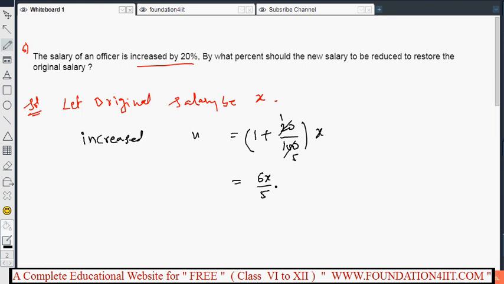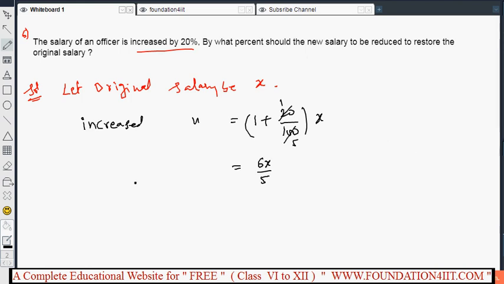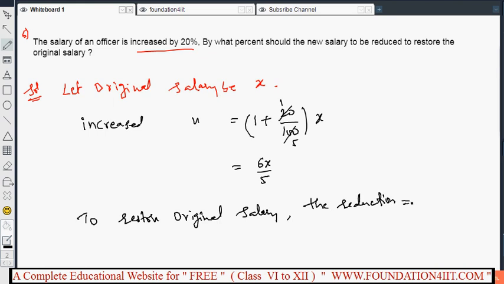Now to restore the original salary, how much reduction should we do? The reduction is nothing but the increased salary minus the original: 6x by 5 minus x.